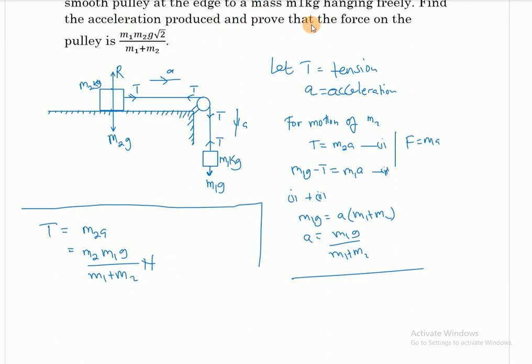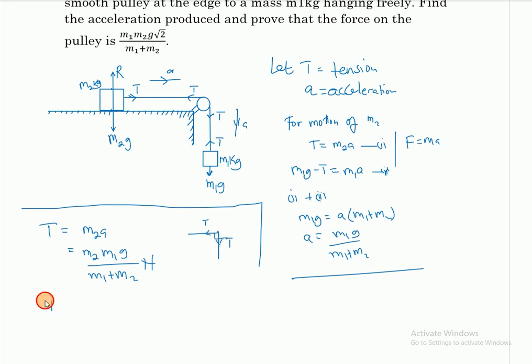They said prove that the force on the pulley is this. Force on the pulley, you look at that one. The forces acting on the pulley are like this. We have tension there and then tension there. So we have T and T. And these are two forces acting at right angles.